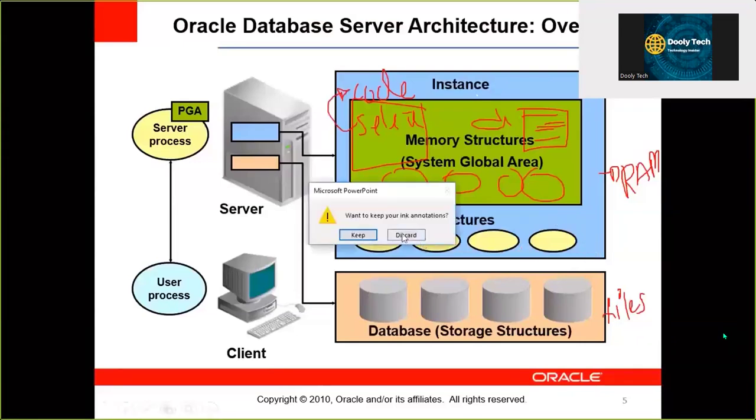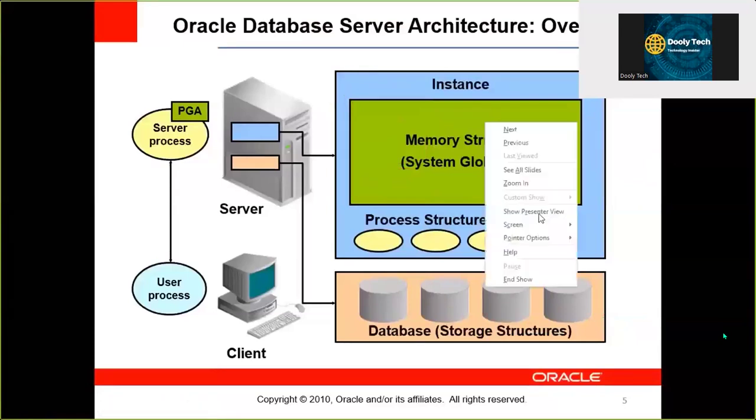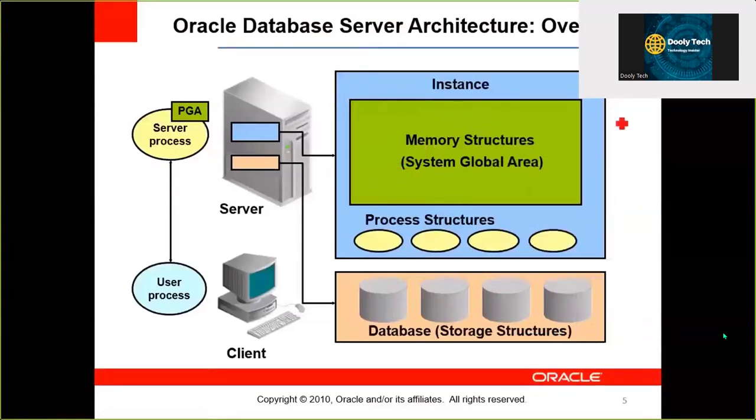Also, in this memory structure, there are two types actually. One is called PGA, which we will take a bit later. This is called process global area, program global area or private global area, which we will talk about a bit later. Don't worry about it now. But here this is important. This instance has something called the system global area, also called the shared global area.